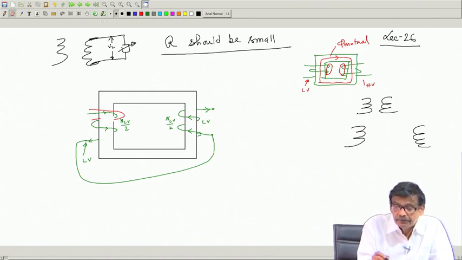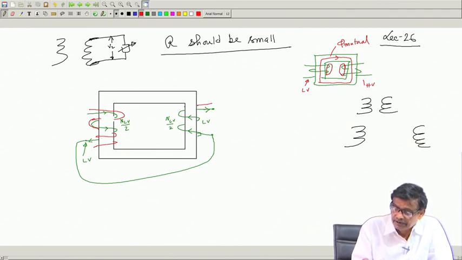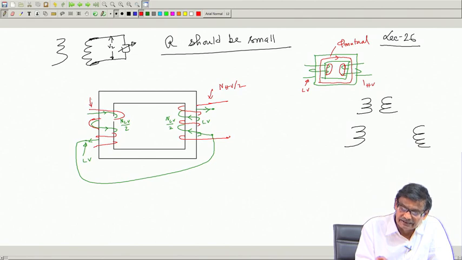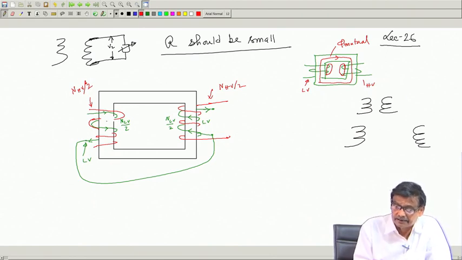So, you make the LV winding, half of LV winding here, then half of LV winding there, over it the HV winding. So, this red one is N HV by 2, this red one is N HV by 2, and these two halves you connect in series properly, so that fluxes are produced in the same direction when they carry current.